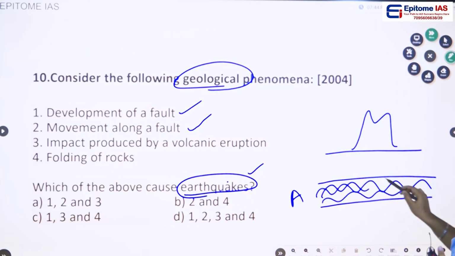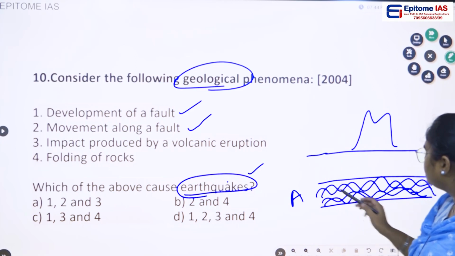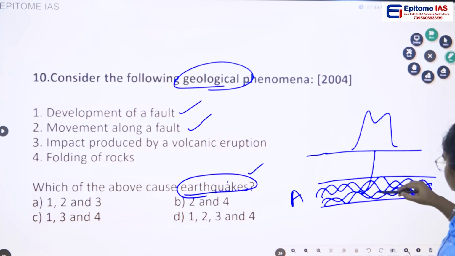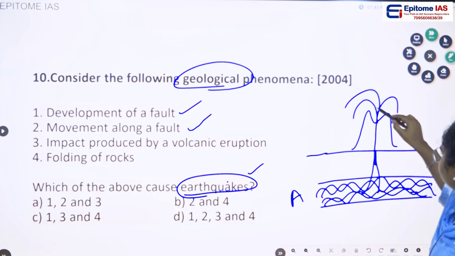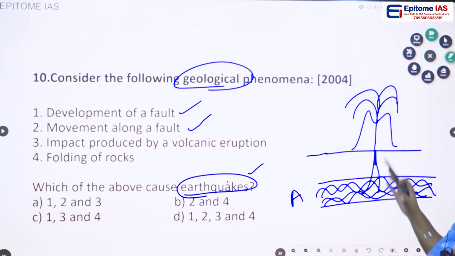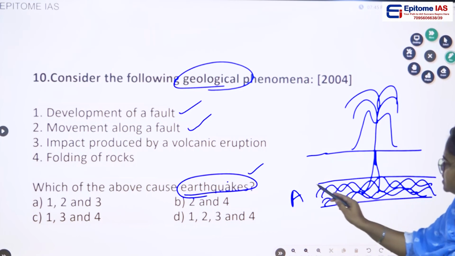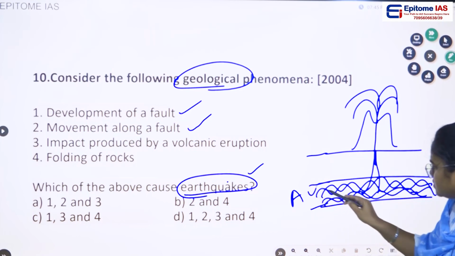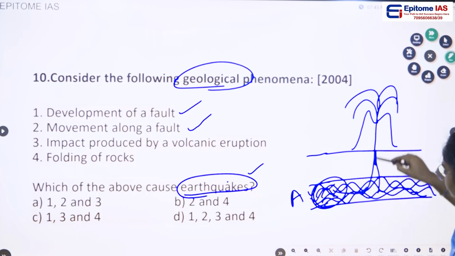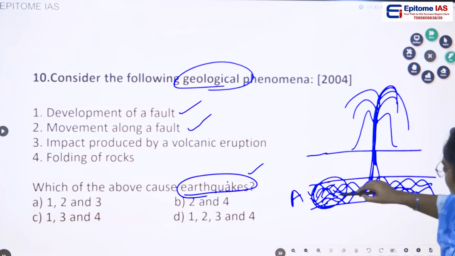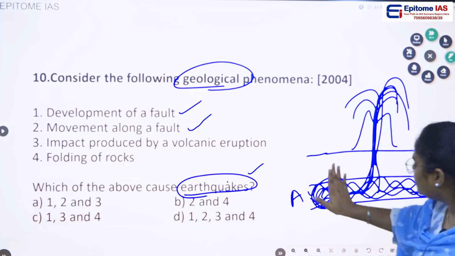A lot of magma is flowing here. Now let us say this magma is coming out and erupting in the form of a volcano. Now what happens? Let's say in this place there was already magma flowing. This magma load is taken out. They came out. Okay. So what will happen here?